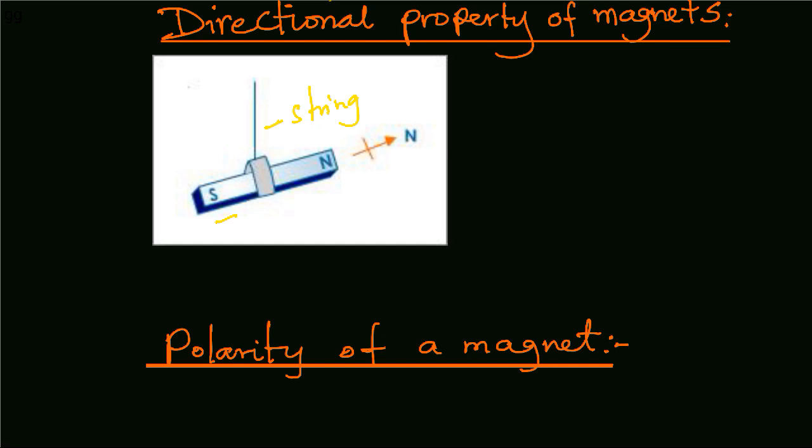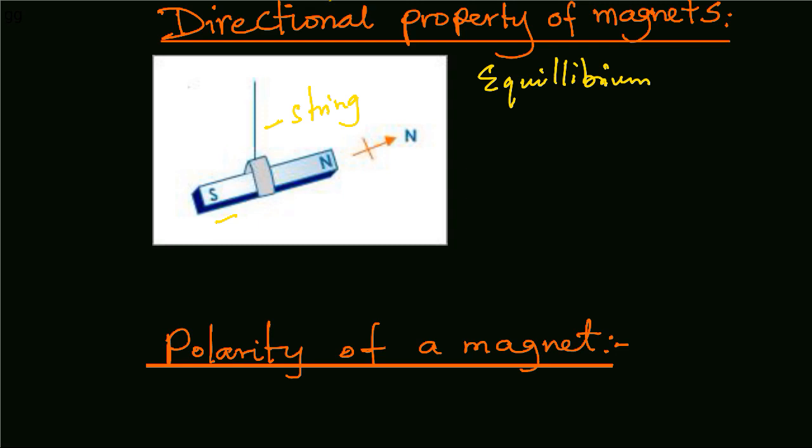The magnet is then allowed to settle and attain the equilibrium position. Equilibrium position in this case is the point at which the magnet is balanced.